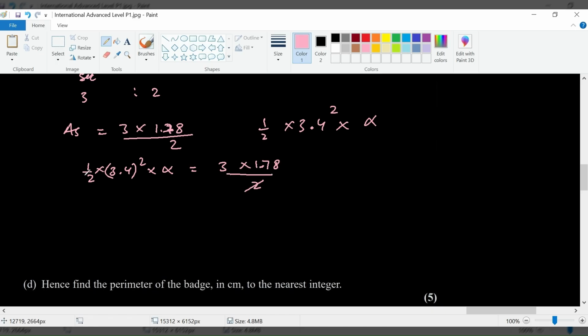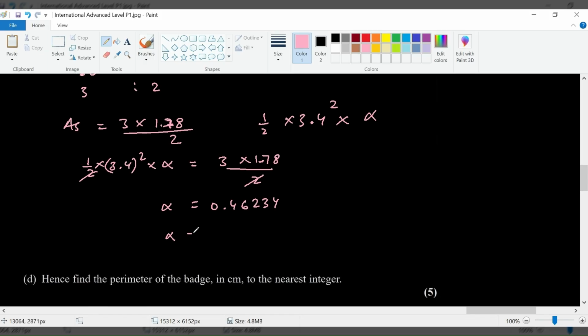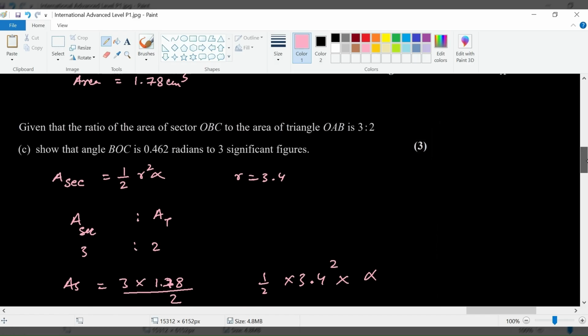So this 2 and this 2 are going to be cancelled from both sides, and the alpha value is going to be 0.46234, and this is saying to write in 3 significant figures. So I will write alpha is equal to 0.462. This is how we got the answer.